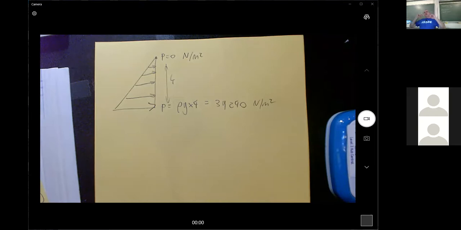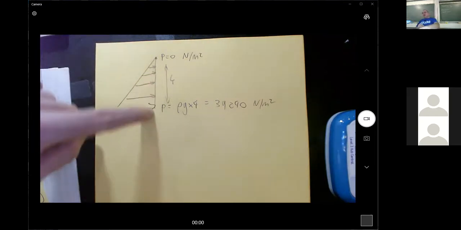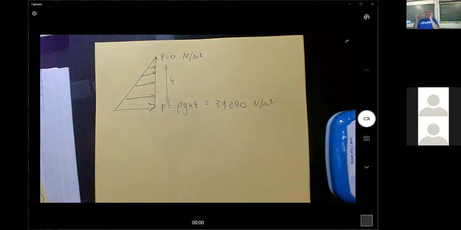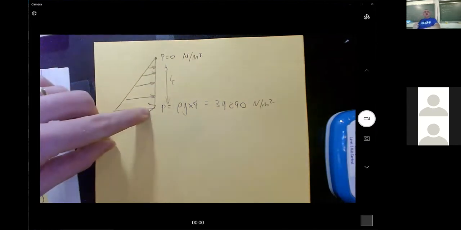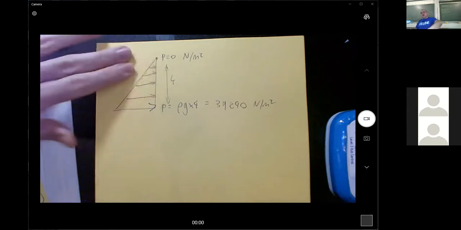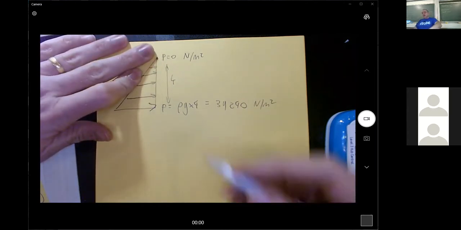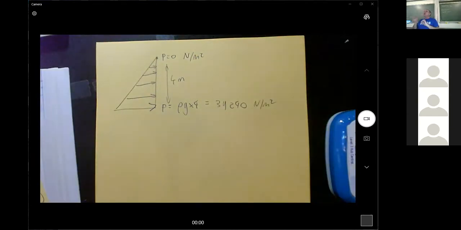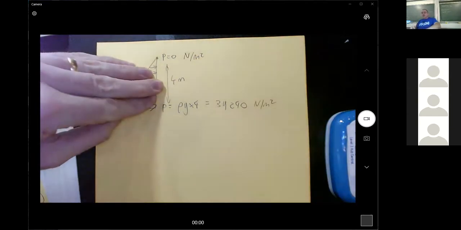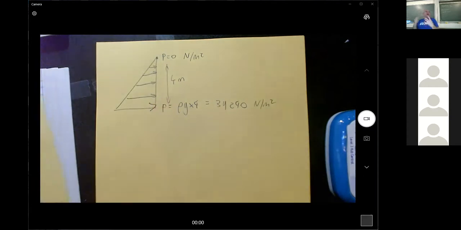And so I can try and combine all of these pressures along this entire thing into one pressure. So if I have pressures going this way, and these arrows represent newtons per meter squared, times a distance in meters, that should produce newtons per meter when I go these lengths times this length as an area.